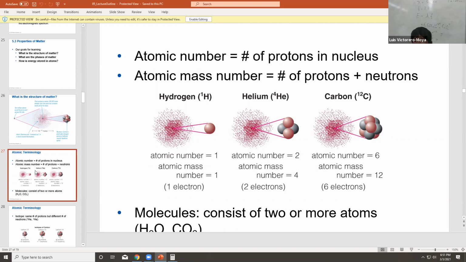Who remembers what's ionization of an atom? What happens when you have an excess of positive charge? If I write carbon plus, what's the meaning of this plus?